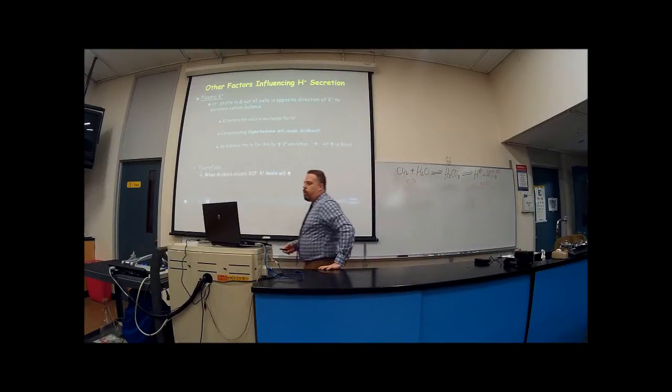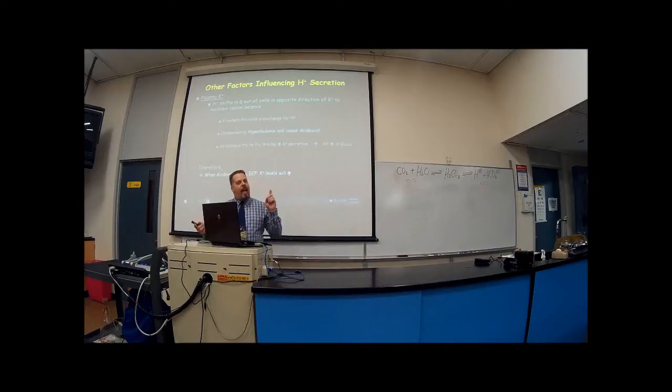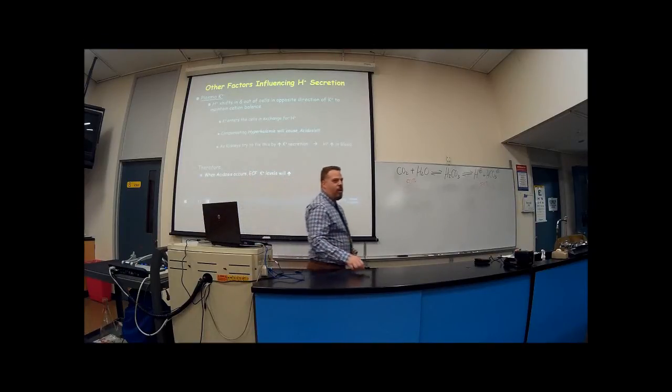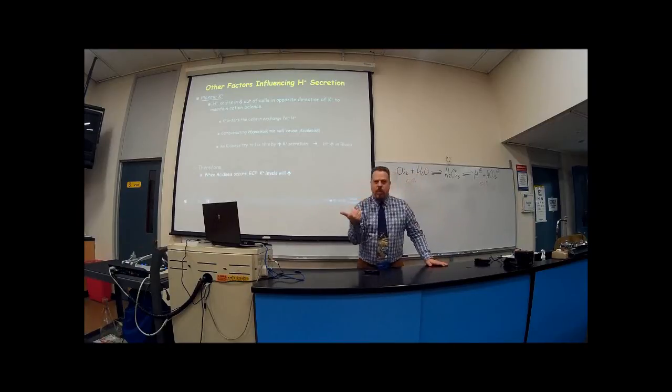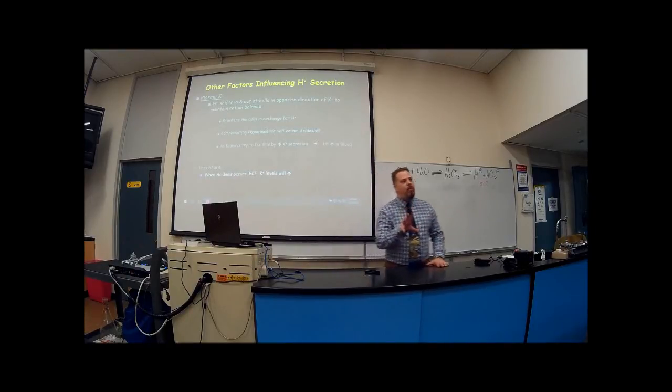So therefore, when acidosis occurs, in other words, if you have too many hydrogens in your bloodstream, the hydrogens want to go into the cells. That's a form of compensation. It's going to do everything in its power to try and get hydrogens out of the bloodstream, which means some of it is going to go into the cells.